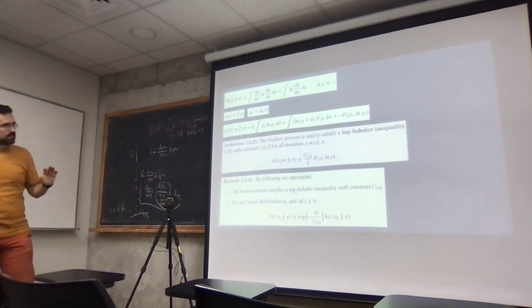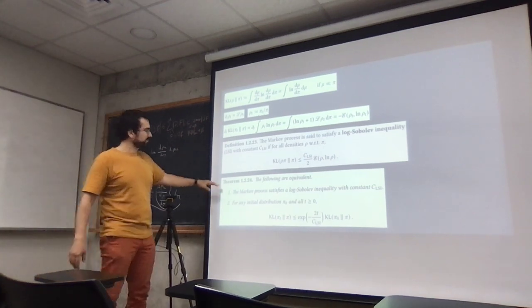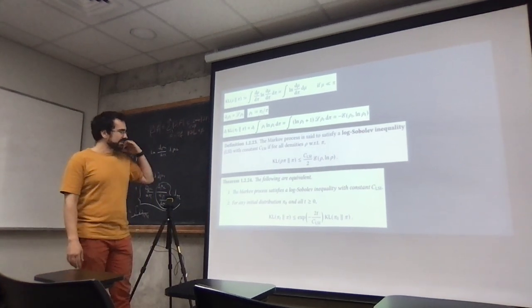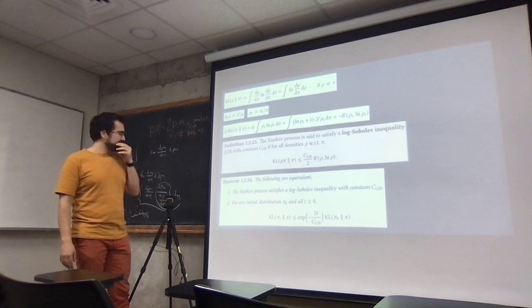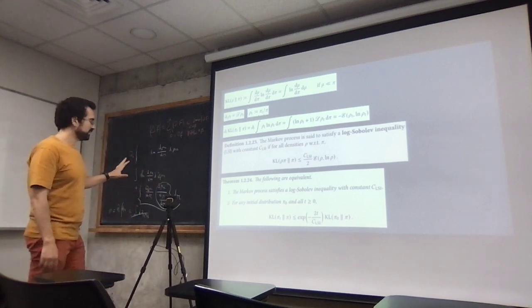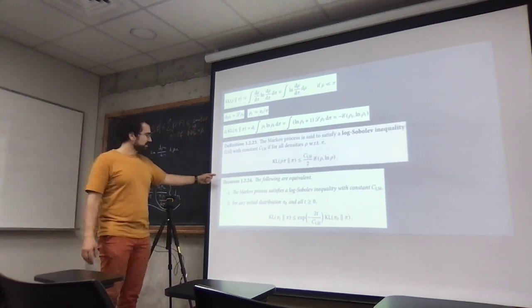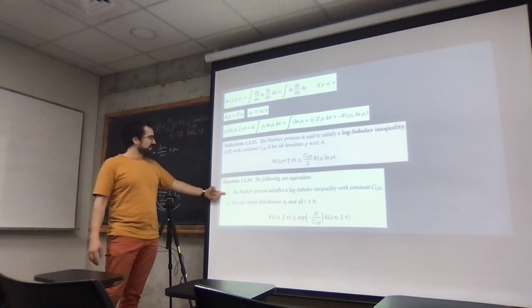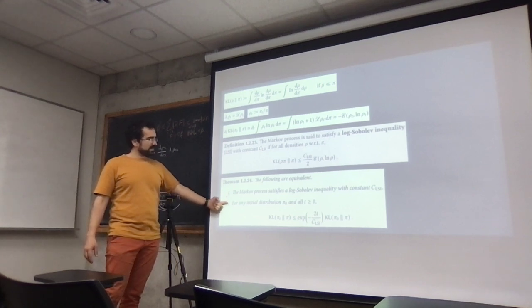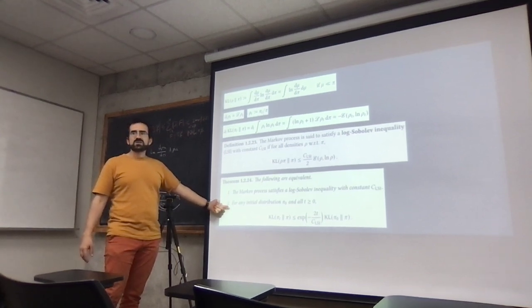And then we are not going to prove this, but when I read it, I remember it seemed reasonable. So what does it say? It says it's equivalent that we have a Log-Sobolev inequality, or that KL is decaying exponentially.